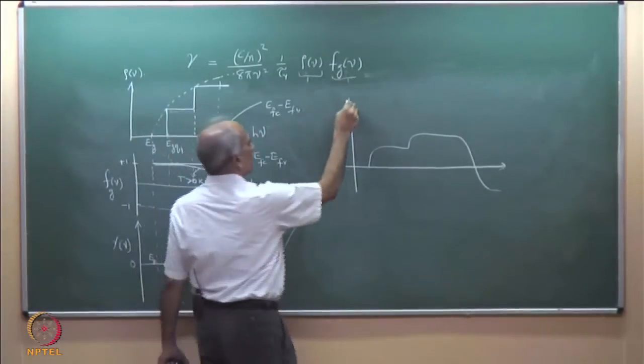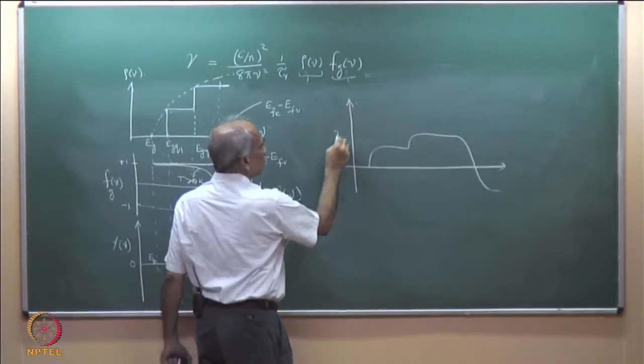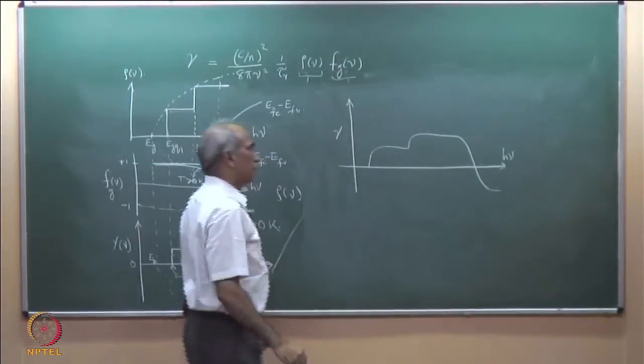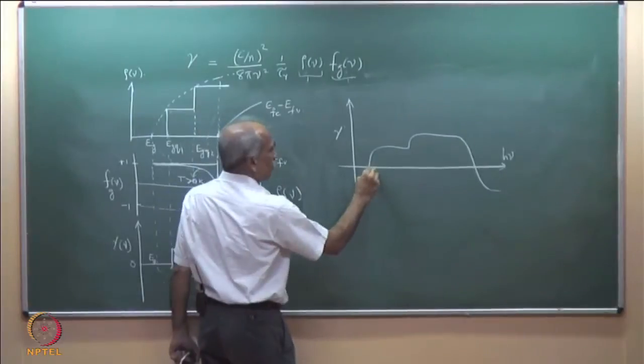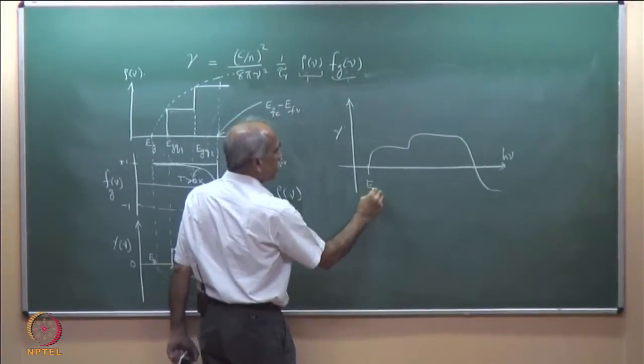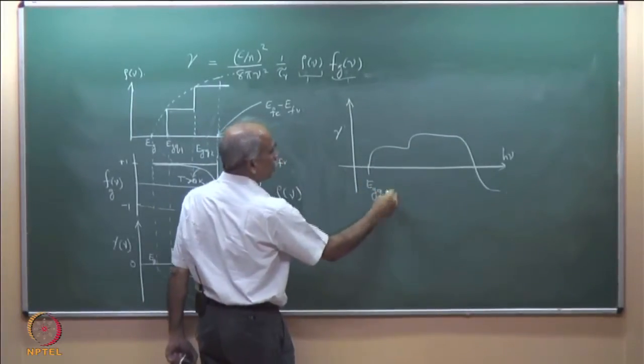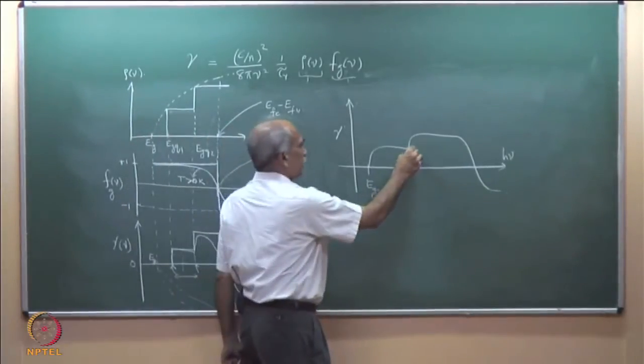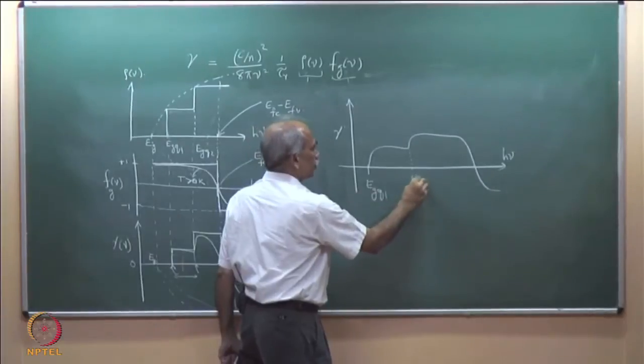So what I have plotted is gain coefficient versus energy. This is the value where gain starts, at EgQ1. Please remember EgQ1, not Eg. And the jump here is at EgQ2.